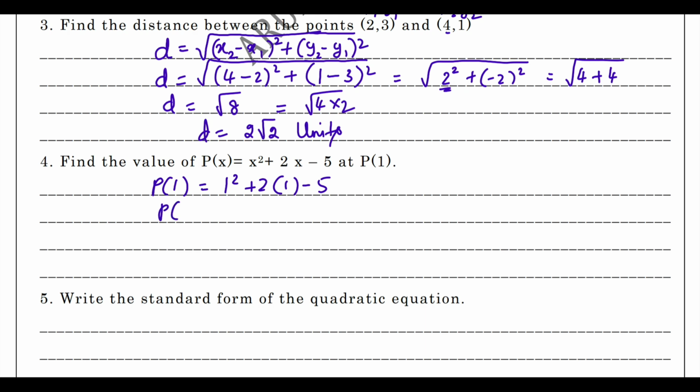Now p of 1 equals, 1 square is 1, 2 into 1 is 2, minus 5. 1 plus 2 is 3. What you get is 3 minus 5. What is 3 minus 5? 3 minus 5 is minus 2. Subtract 5 minus 3, then put the bigger number's sign, minus. You get p of 1 is minus 2.